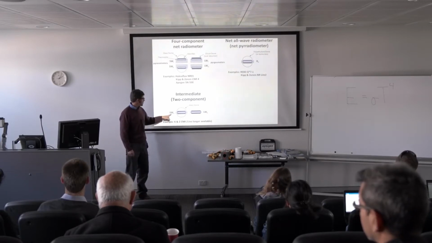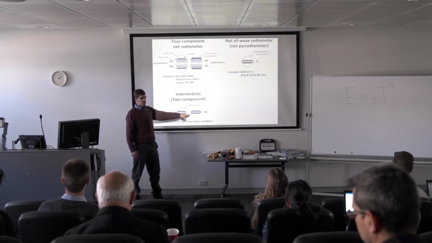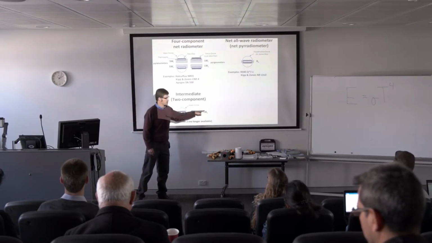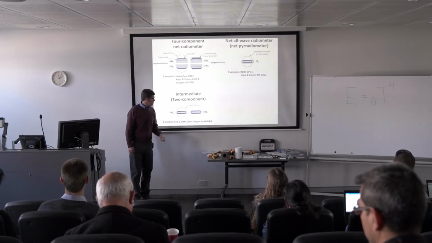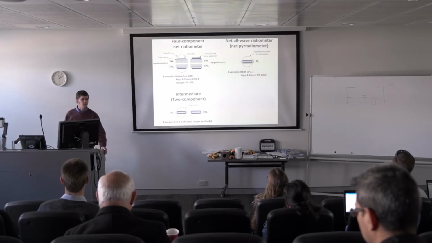It's just that we separate shortwave and longwave. So we actually have two components. One of them is measuring net shortwave, the other one's measuring net longwave. This was a nice instrument when it was available, but it didn't last very long on the market.